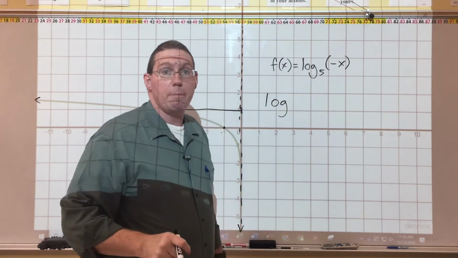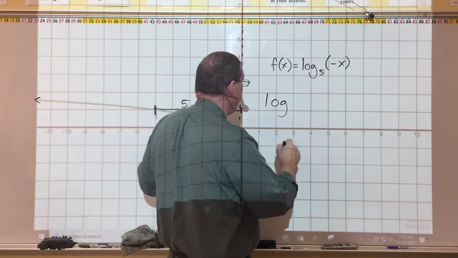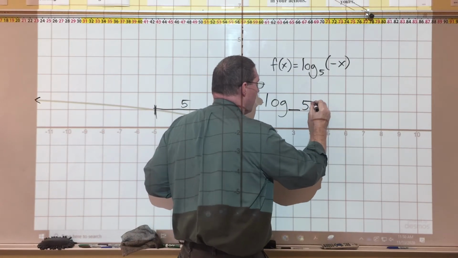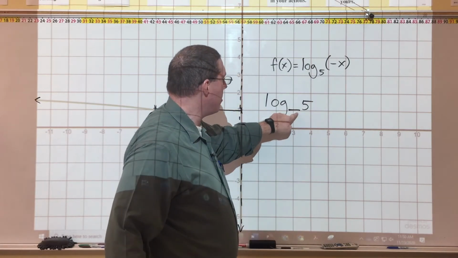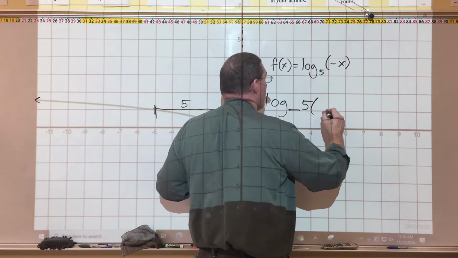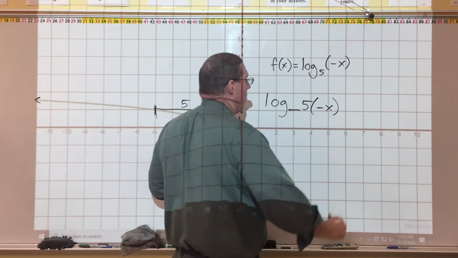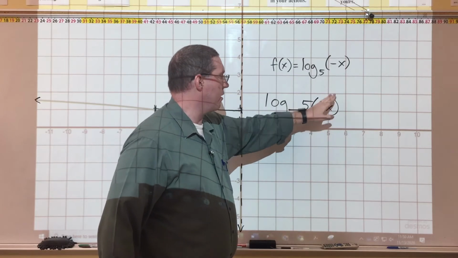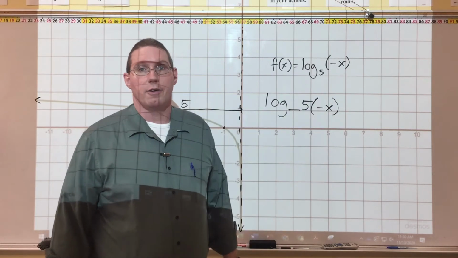To do a subscript, you use an underscore. So LOG underscore, then 5. This means log base 5, okay? Then you put parentheses and put negative x, and you're done. So this is log base 5 of parenthesis negative x, close parenthesis, and you're good to go.